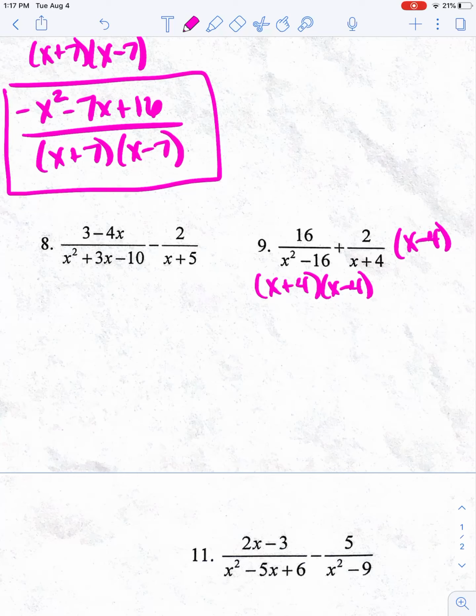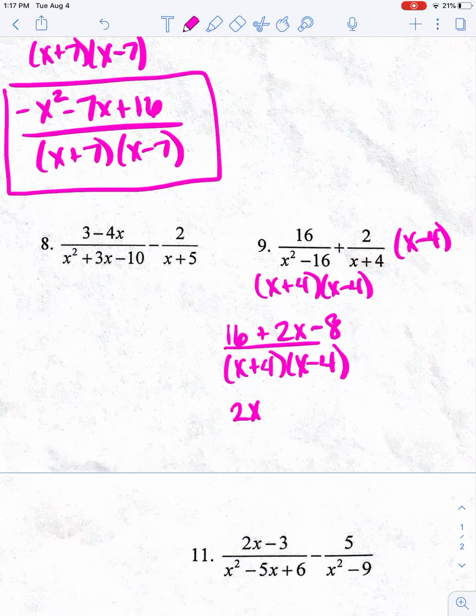So he needs an x minus 4. So that's my denominator, and then that's a 16. There's no shark. So 2x minus 8. So I have 2x plus 8 over x plus 4, x minus 4.